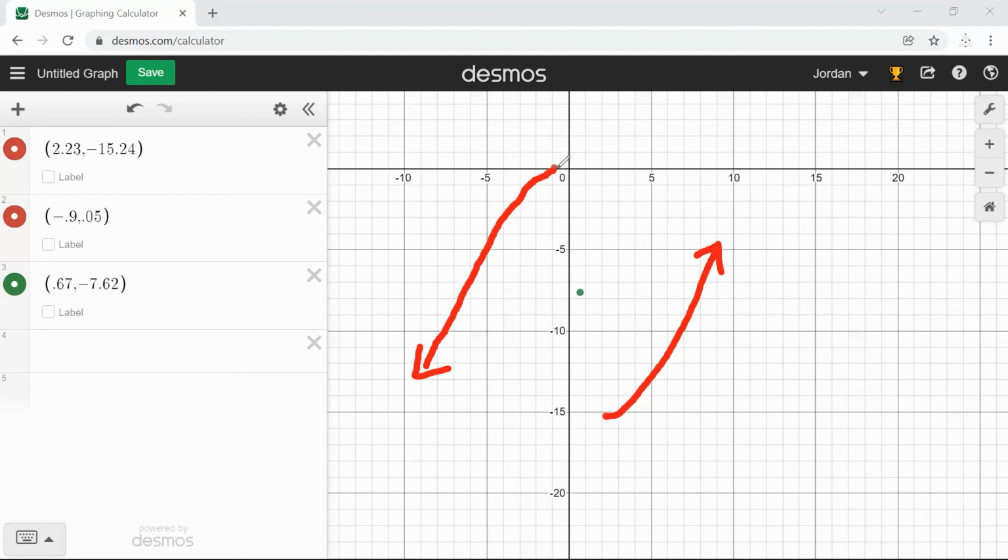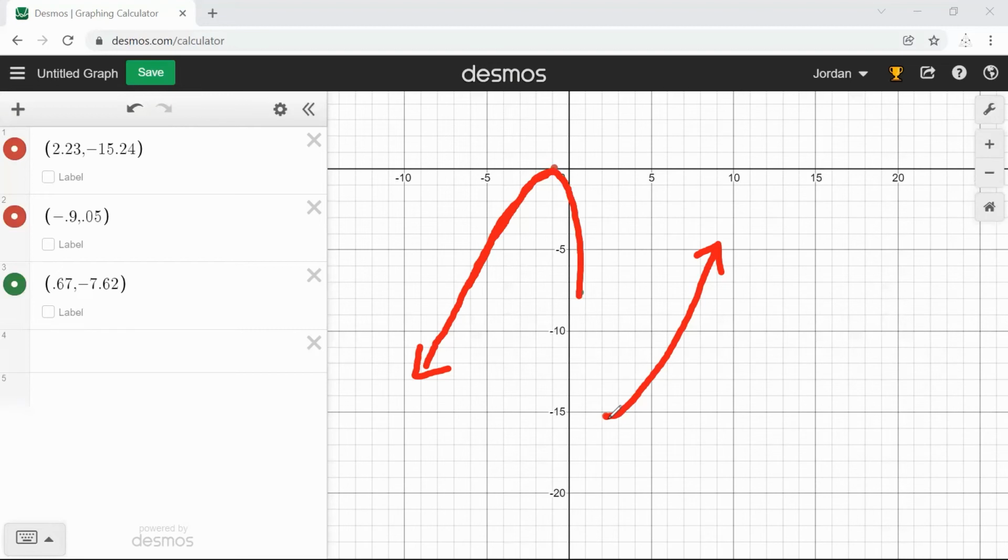So we're concave down there. I can show you how that works. So concave down, we're parabolic shape pointing down. And at this other critical point of 2.23, negative 15.24, we're concave up.